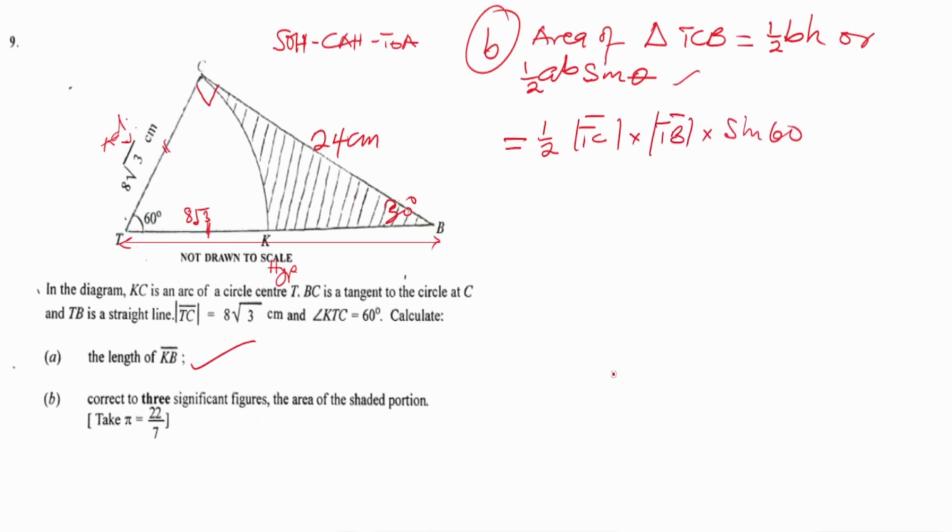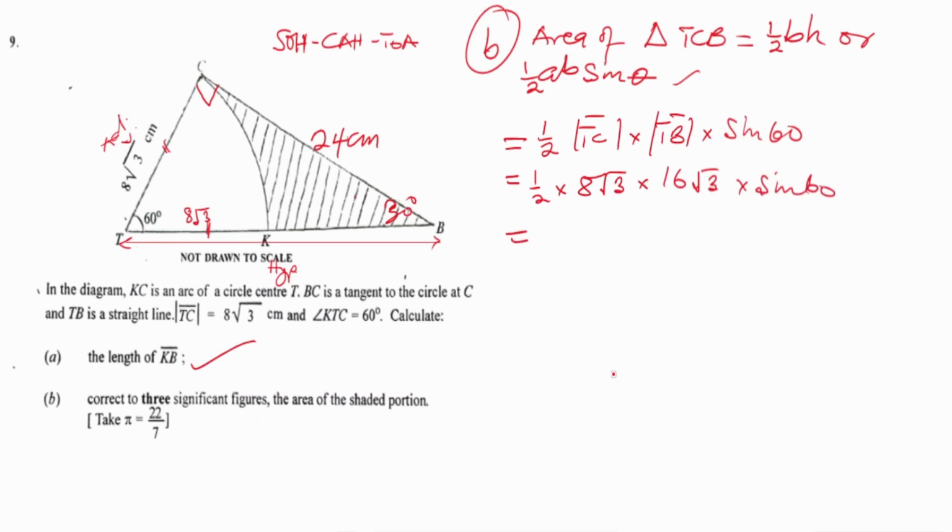I know TB already according to the first part that we solved. So that is going to give me 1/2 times TC, which is 8√3, then times TB, which is 16√3, then times sine 60.